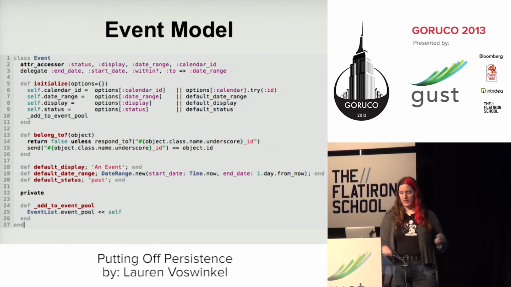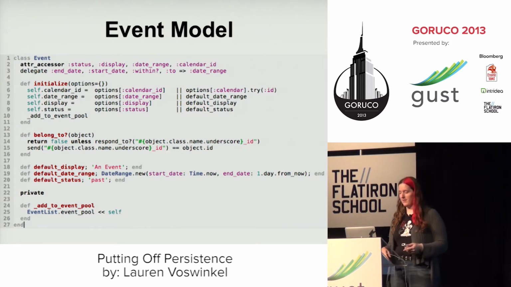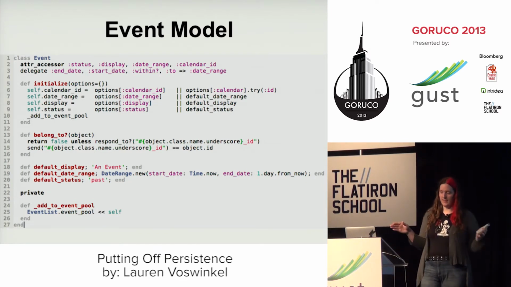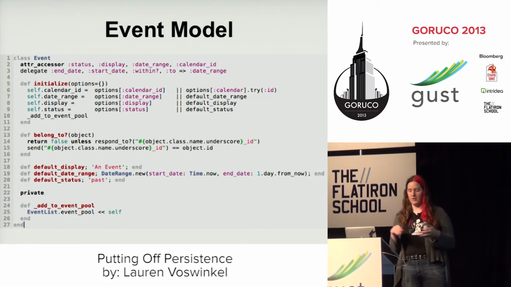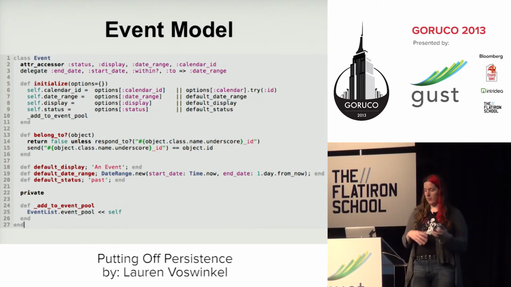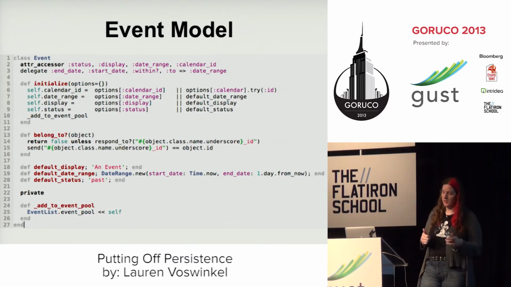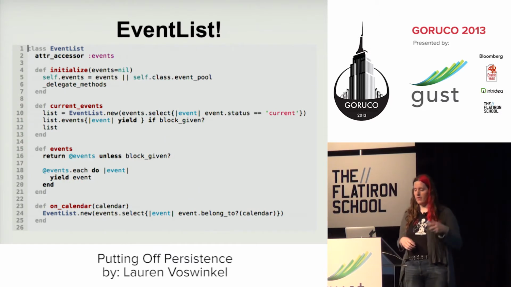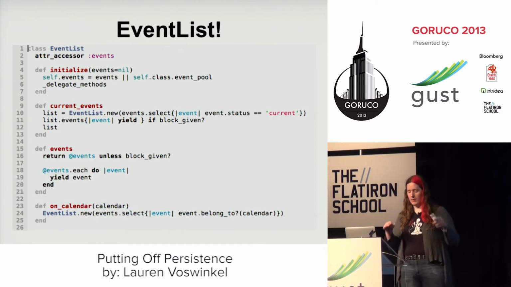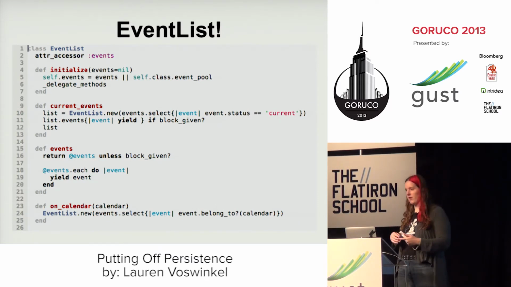And if I go back, the belongs to is just some metaprogramming to say if there is anything like calendar underscore ID or like job underscore ID, and I respond to that and it equals this object's ID, then I belong to it. So this is just doing the select statements on that event, and then passing that collection to the event list instantiation.